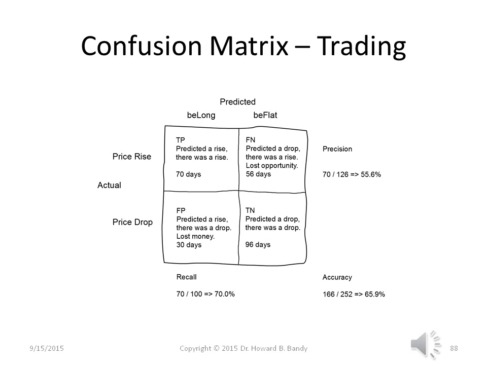Those are correct, and we got 166 correct out of 252 days, or about 65%. Note that there are several days, 56 of them, when it was predicted to be flat but there was a rise, and that's a loss of opportunity. And there were 30 days when it was predicted to be a rise but there was a drop, and that's a loss of money.